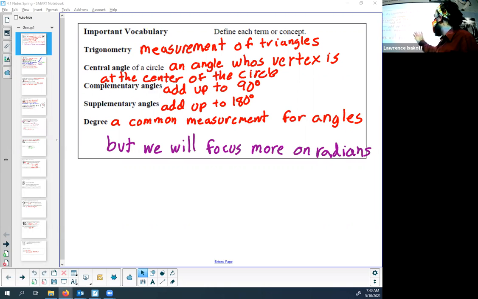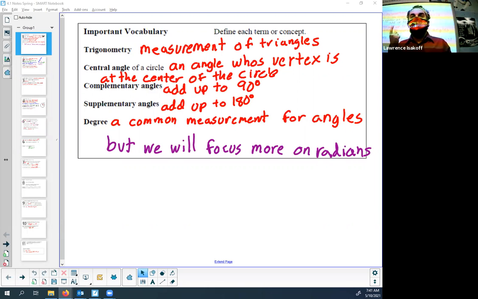Degree is a common measure for angles, but we will actually be focusing more on radians. So degrees, you guys have an understanding of those. That's how we've measured angles your whole life.